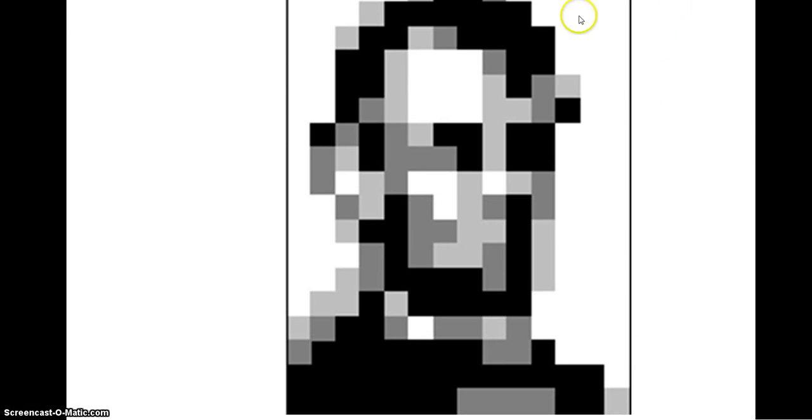Another example of this would be this. If I showed you this, this would be Abe Lincoln. If you stand far back, it looks more like Abe Lincoln. The farther back you stand, the more it actually looks like Abe Lincoln. But honestly, this is not Abe Lincoln. It looks like it.